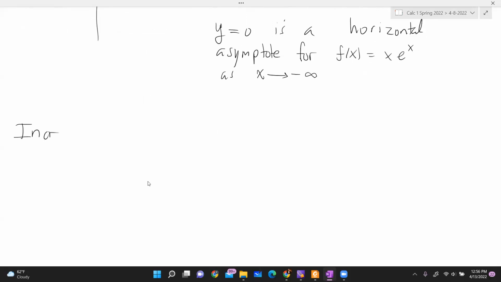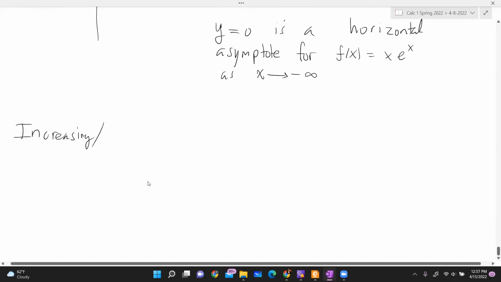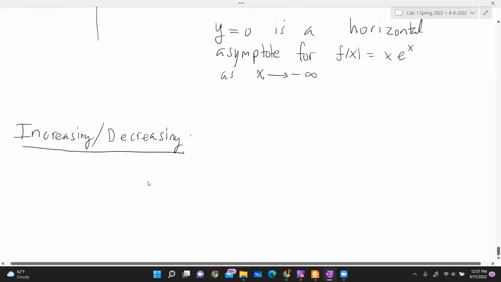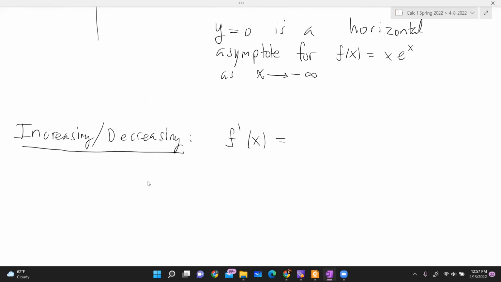So let's do increasing and decreasing first. In order to find where it's increasing or decreasing, we need to take the first derivative. To compute the first derivative, we need to use the product rule, because we have x times e to the x.